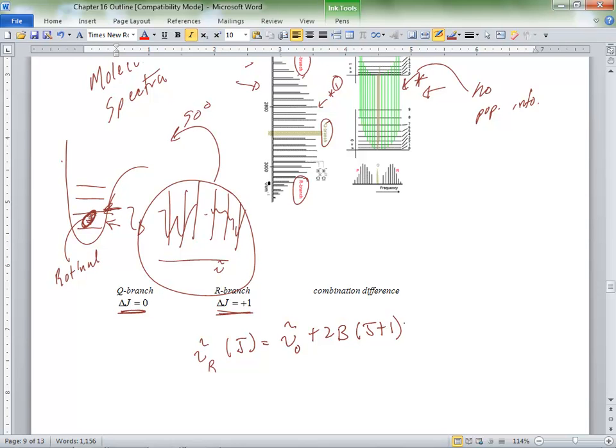Rotational constants. That's for the R branch, so that's going from J to J plus 1, or delta J is 1. Another way to say that, just write it down: for J goes to J plus 1, the same thing. Delta J is 1.